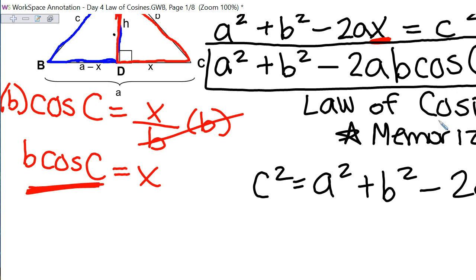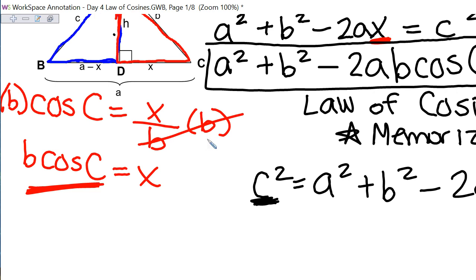What you need to notice is that whatever side is by itself, that angle needs to match. So if this is cosine of angle C, then it's going to be c squared out front. Now, we're talking about a triangle ABC. So if I'm using C, what are the other 2 sides of the triangle?